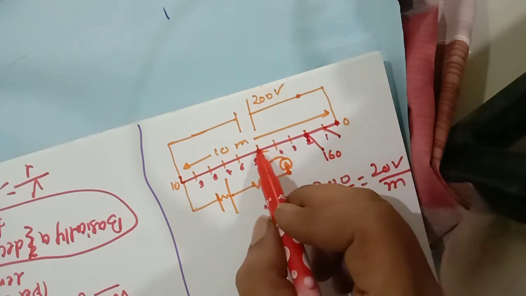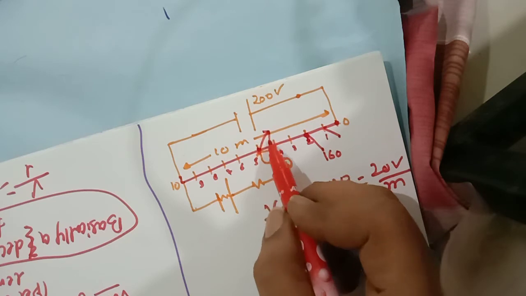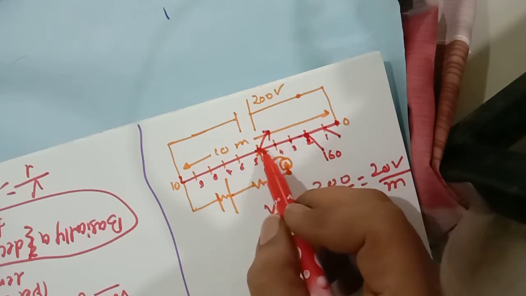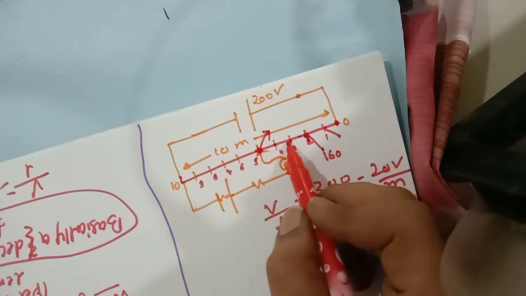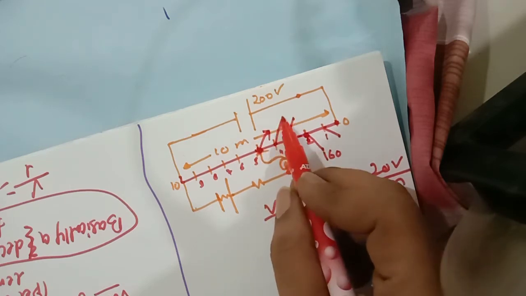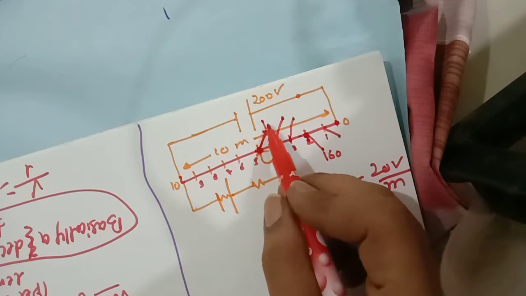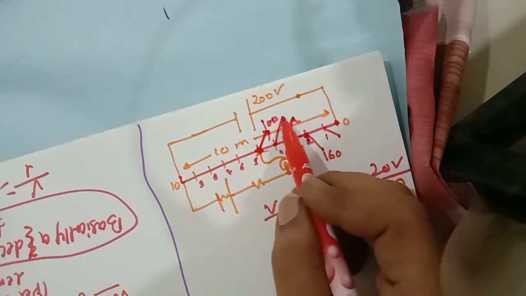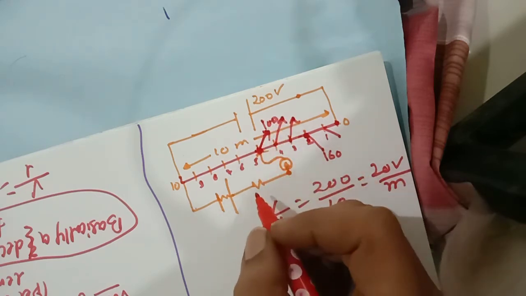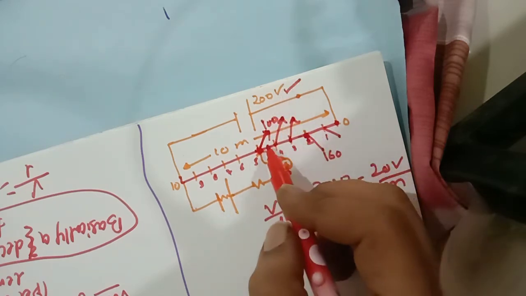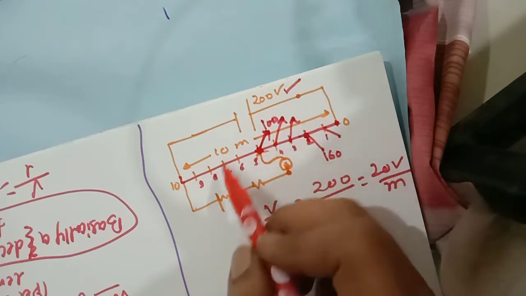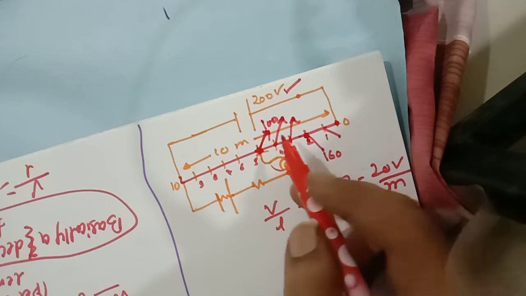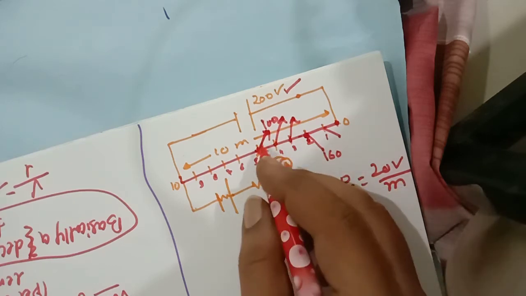If I ask how much is there over here, if it is 160, then 20 less each time: 140, 120, 100. So in this way you can calculate. Suppose it is a high voltage, not 10 meter, and the calculations are not easy. So how will you then calculate? It will be a tedious process then.